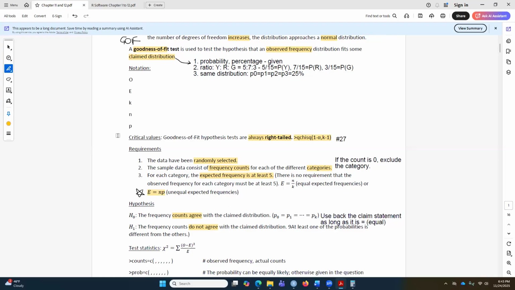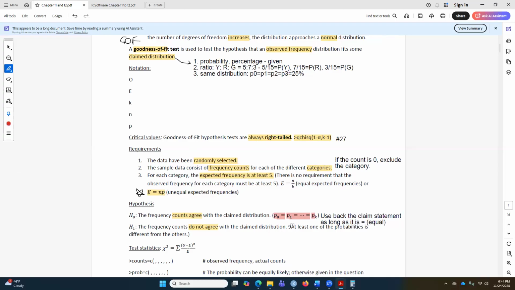And usually for your claim statement, you have to write this in English, because it is different from last time when you did hypothesis testing and wrote things in math. But if you want to write things in math, then you can. If they're having the same proportion, then the math part is going to be P0 equals P1 equals P2.